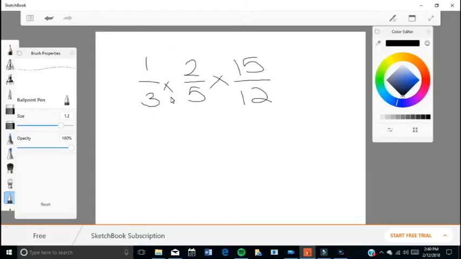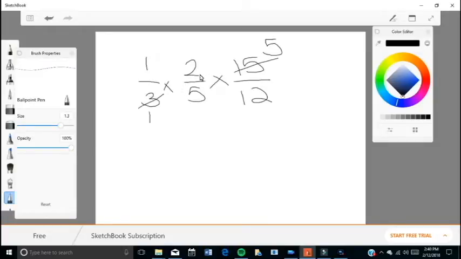Is there anything I can cross cancel the 3 with? The 1, we don't care. If we want to reduce everything down to 1s, I would say yes, I can do this with the 15 over here. So 3 can go into 3 once and into 15 five times. Okay, so now I'm at the 2 over 5 and I want to make those ones.